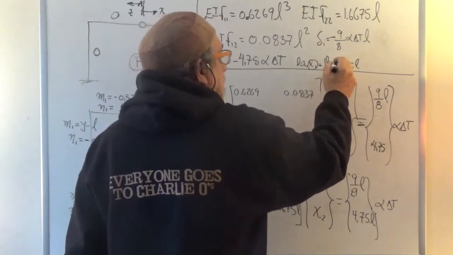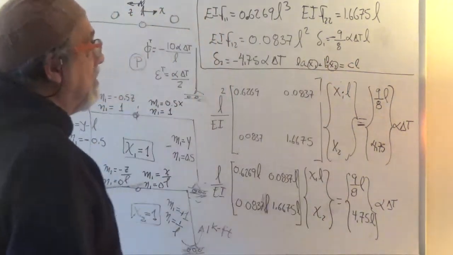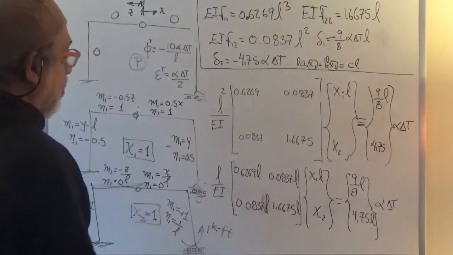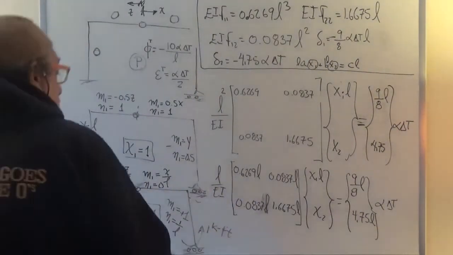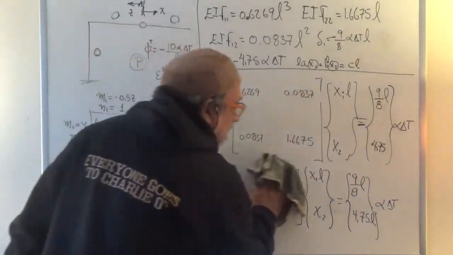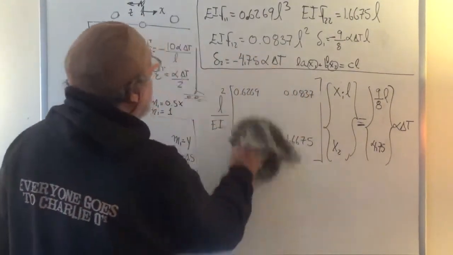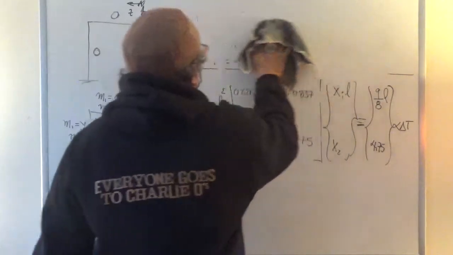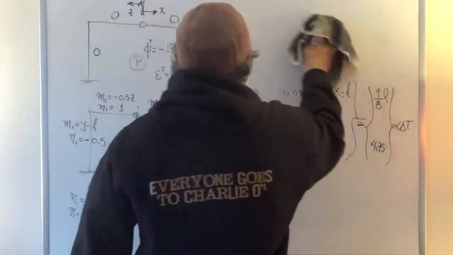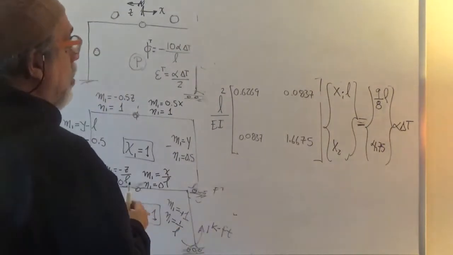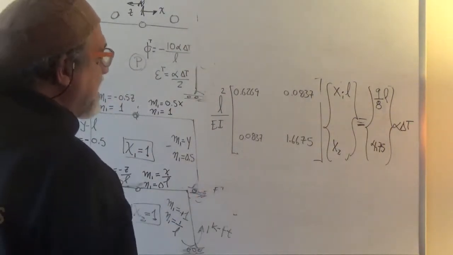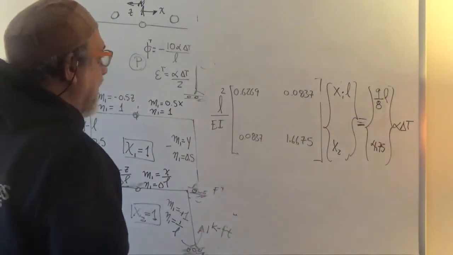Your x1 is still by itself and your x2 is still by itself, right? So what we have is that equation right there.